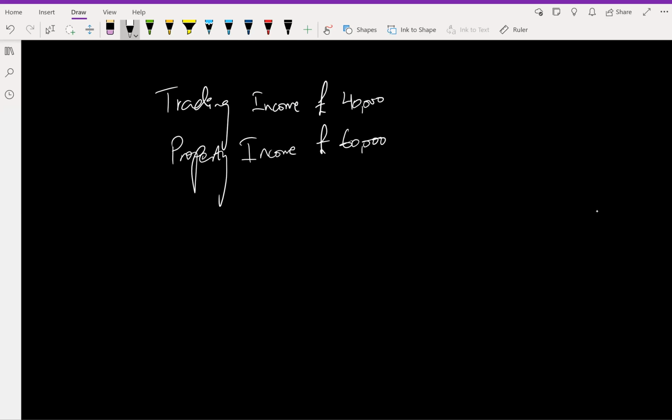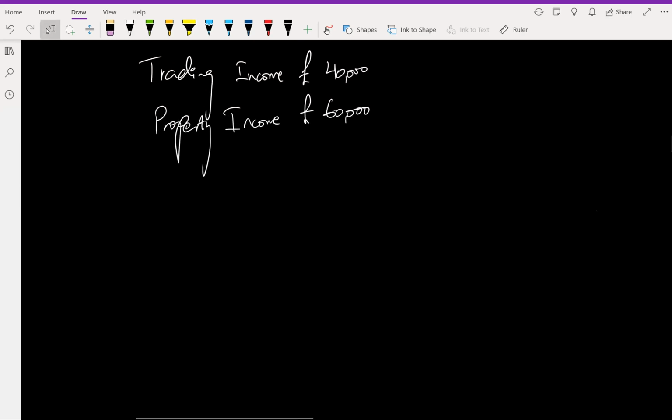Again, this income is for the year, per annum. Let's say your client comes and tells you, boss, you're the tax consultant, trading income 40,000, property income 60,000, and he tells you to calculate the tax.